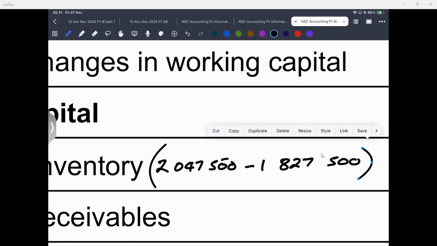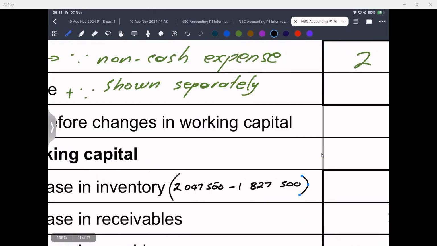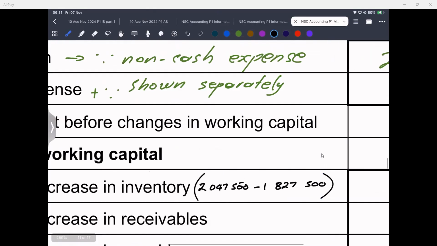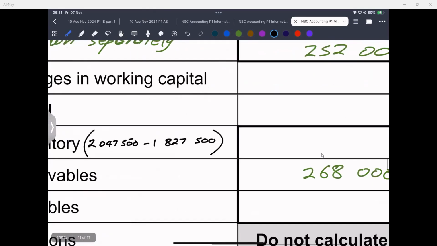You will notice that it's evident that this year's one is more than last year's one. So it means that your inventory actually increased. By how much?